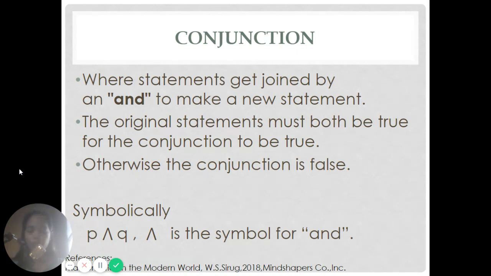If P is true and Q is true, then the conjunction of P and Q is true. Otherwise, it is false. Meaning, the conjunction of two propositions is true only if each proposition is true.